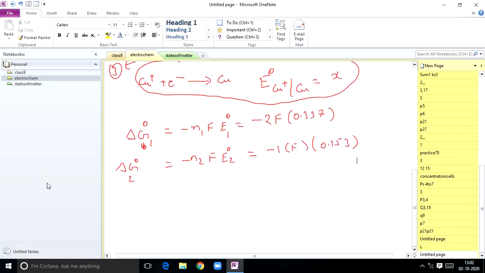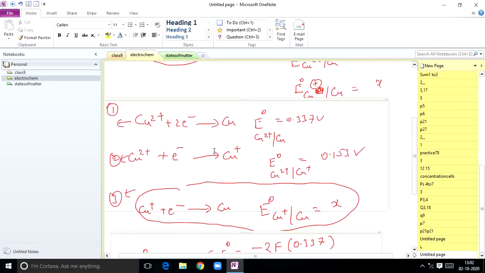So how to get delta G3 naught? Our aim is, by using reactions 1 and 2 you have to bring the third reaction, right?